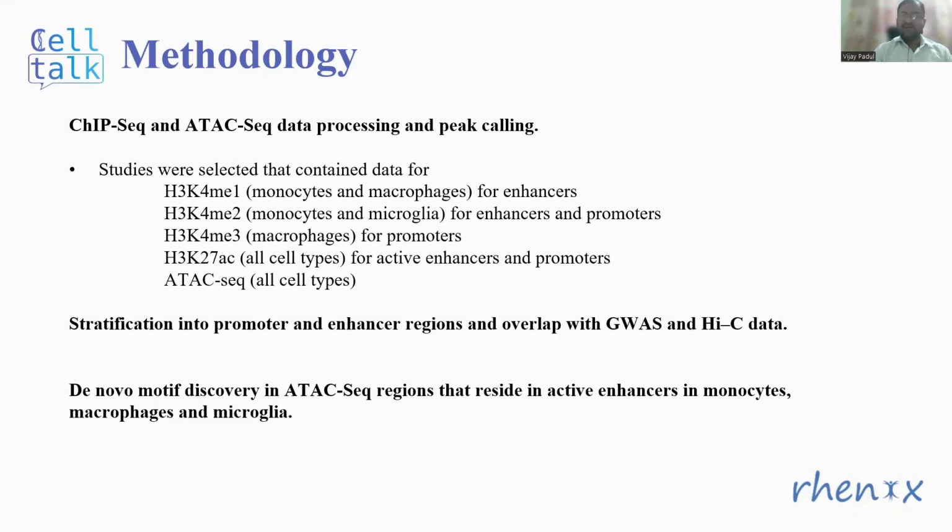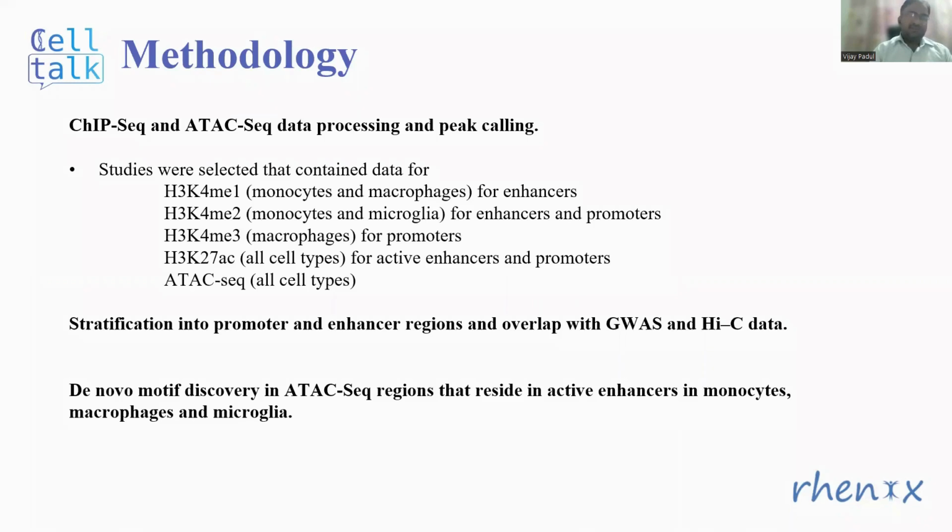And as we have seen, GWAS data shows the association of germline variants with the disease phenotype. So which of those associated germline variants are located in those particular chromatin regions was identified in this study, and they stratified the different alleles that they identified into promoter and enhancer regions.